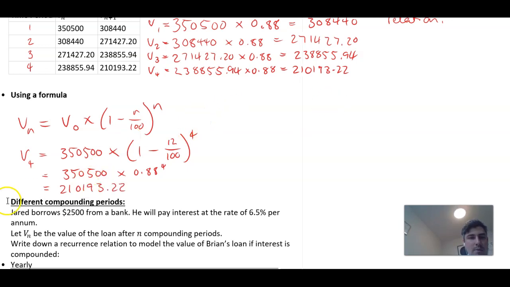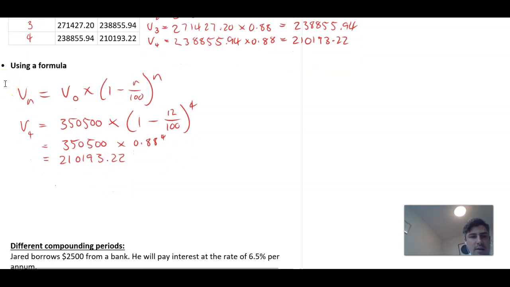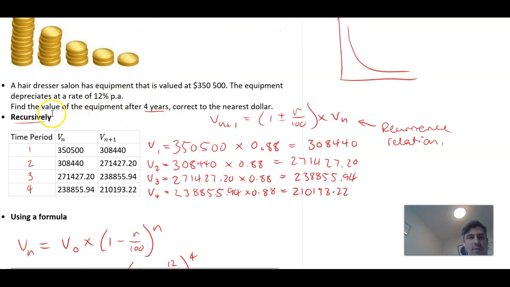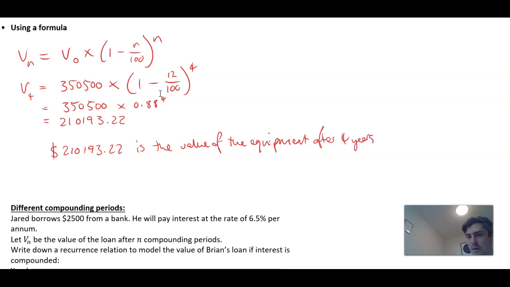Now remember, we should always put our answers as a worded answer, so $210,193.22 is the new value of the equipment after 4 years. Okay, and that's how you do it with a formula.